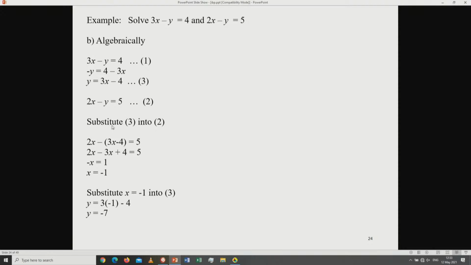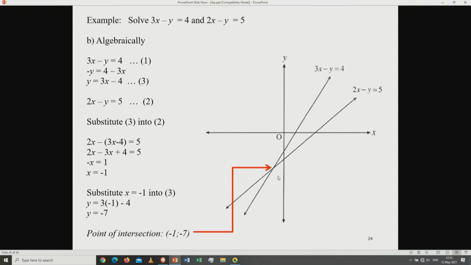Then from there, you substitute equation 3 into equation 2. Then you get x is equal to minus 1. After that, you can now get the corresponding y value by substituting x into one of the equations, equation 1 or equation 2. Therefore, you have y is equal to minus 7. Therefore, the coordinates of the point of intersection: x is minus 1, y is minus 7. That is where the two graphs intersect.